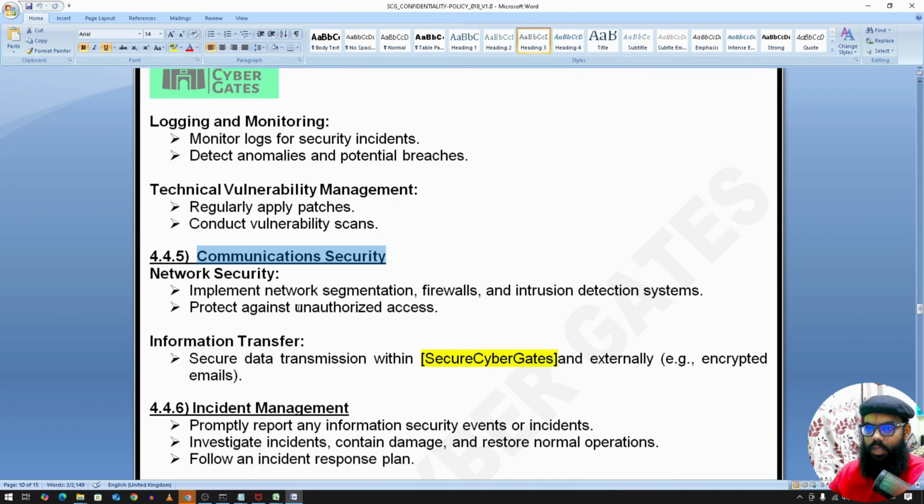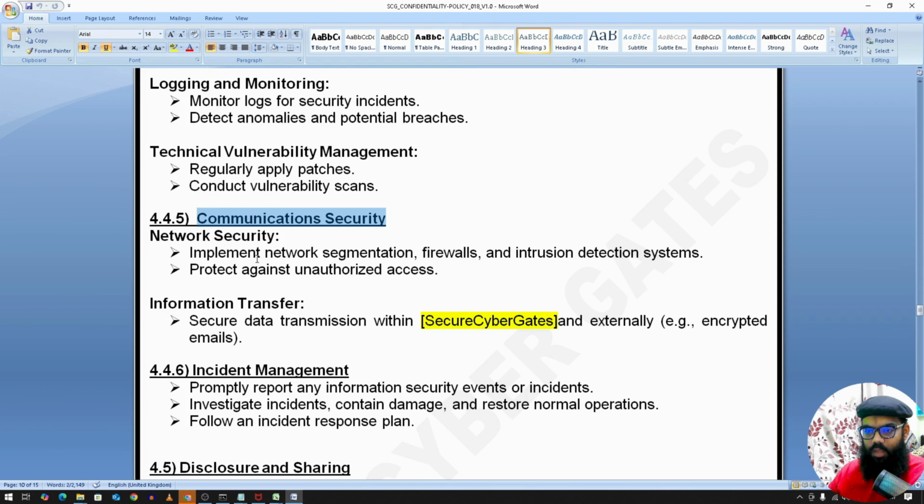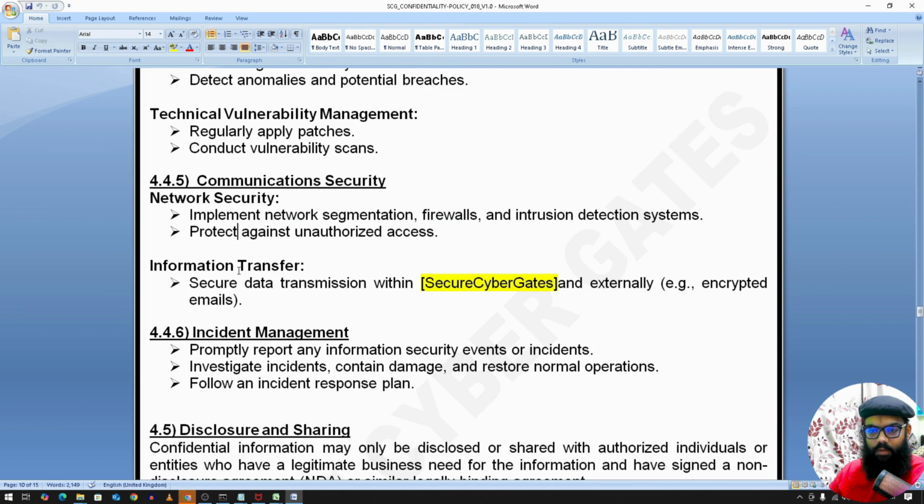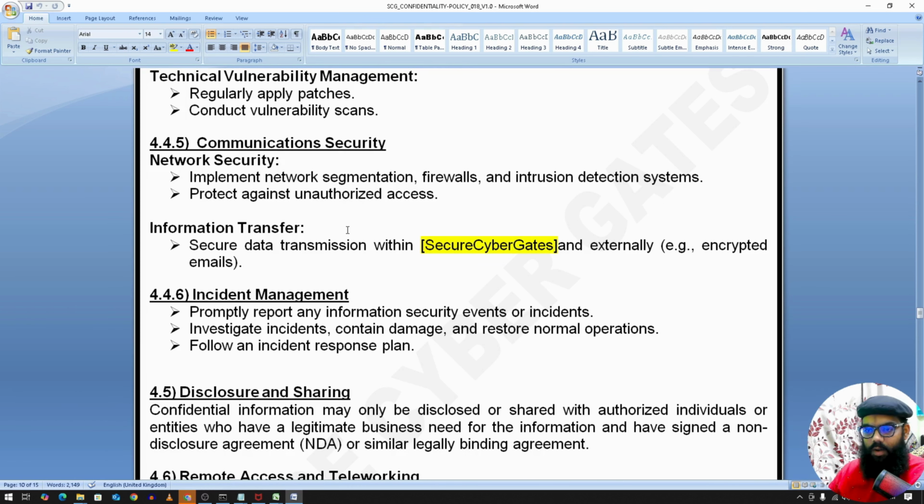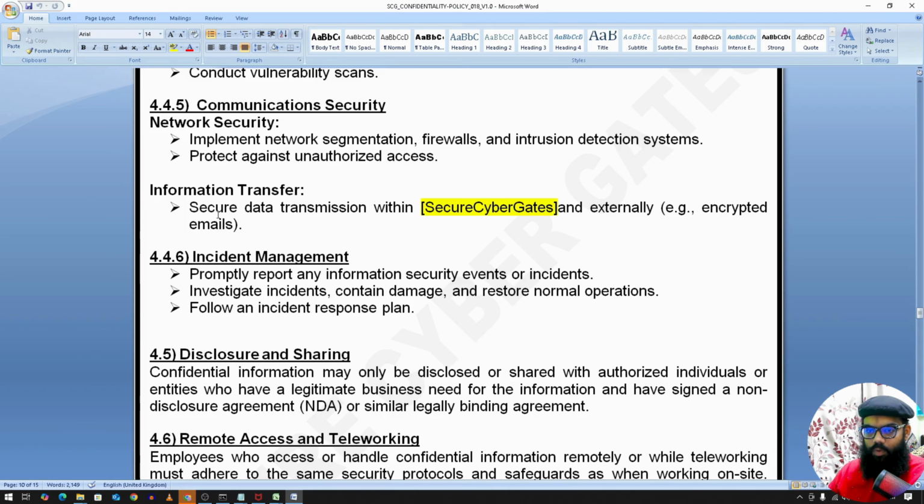As a part of communication security, ensuring network security, following network segmentation, firewalls, intrusion detection and prevention systems. Information transfer: it should be encrypted and then sent over email or to other parties using protocols like HTTPS.